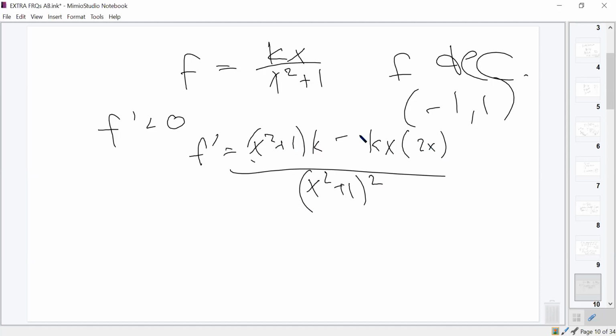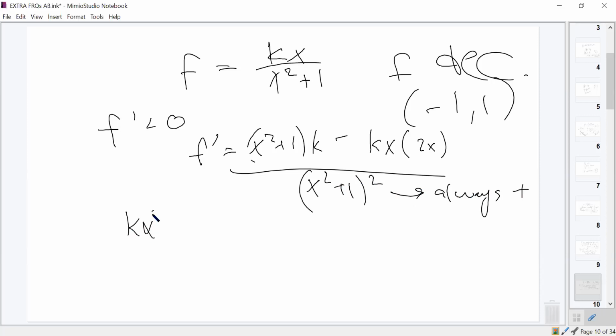All right. So I got a little bit of a distraction here. So then we're looking for when this is negative. The denominator is never going to be negative, right? x squared plus 1 squared is always positive, no matter what value of x you put into that. So really, we're just looking at when the numerator is negative. So let's actually distribute it all together.